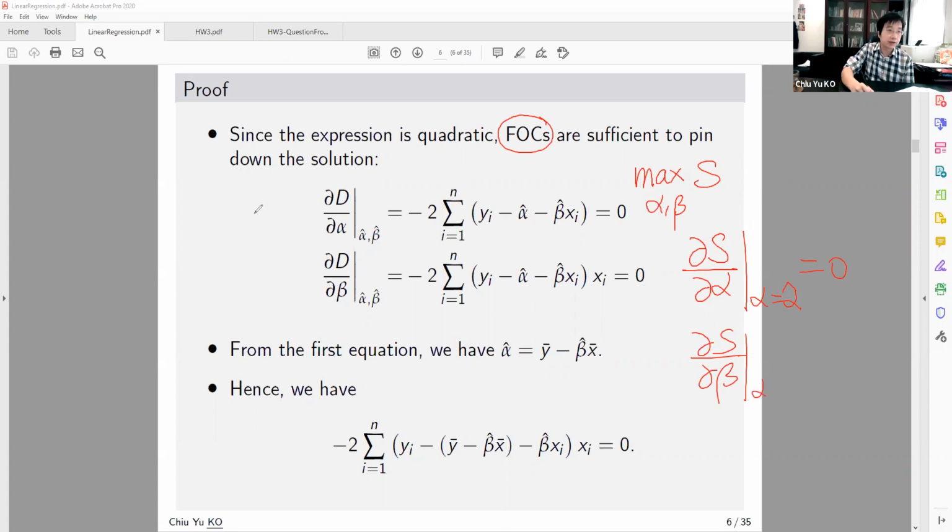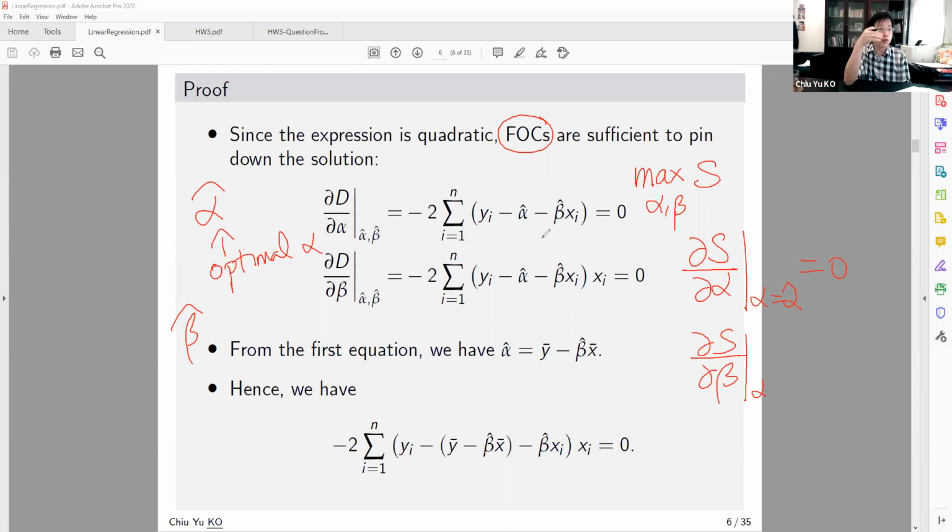Yes, alpha hat is what we call the optimal alpha. Alpha can be any value. Beta hat is the optimal value. That is a standard notation when you have calculus. This is a particular value because only at this particular value is this 0, and it's not a random variable.